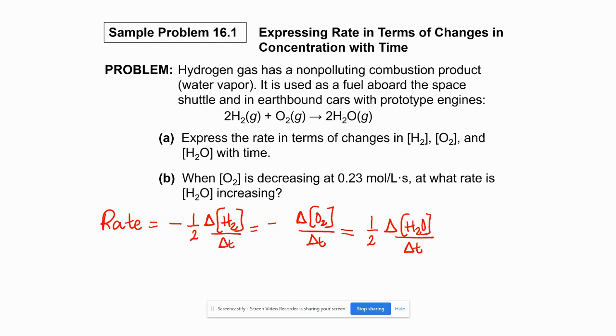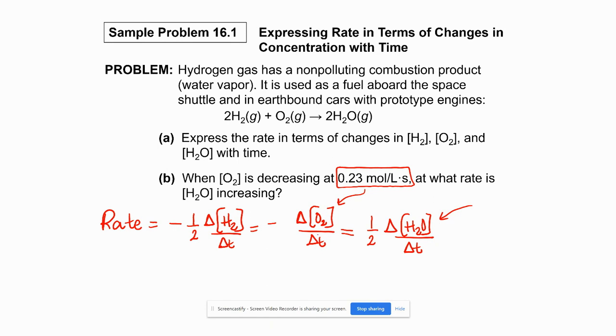Okay, so now we're going to essentially substitute, right? When O2 is decreasing at 0.23 molarity per second, this is our rate for the oxygen. And now we want to solve for the water. So what I like to do is to simplify this and make it just a little easier to deal with.